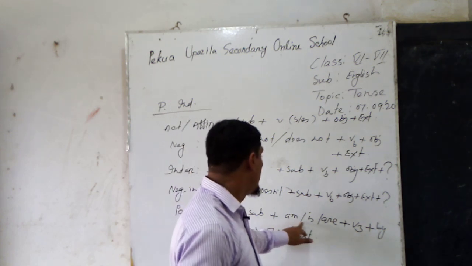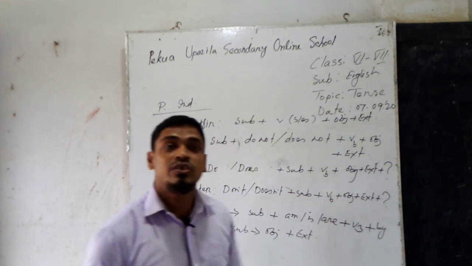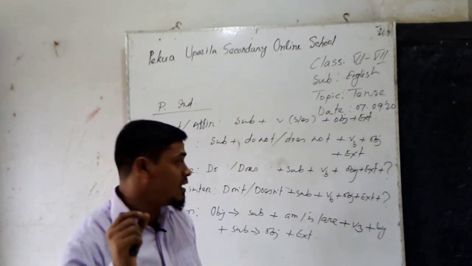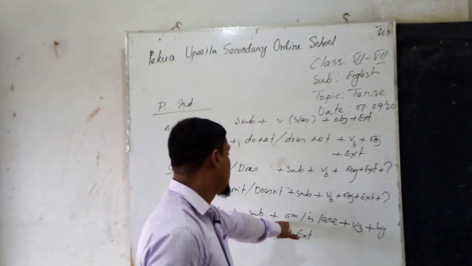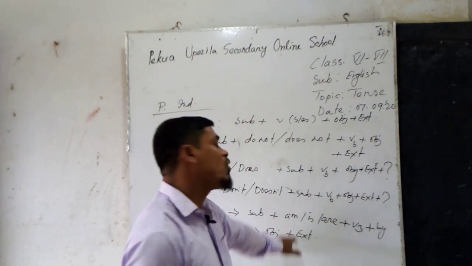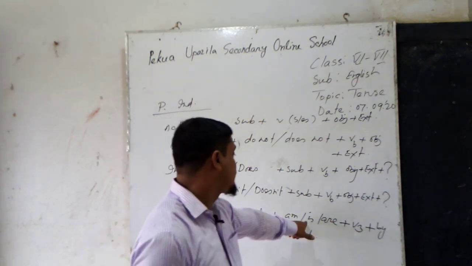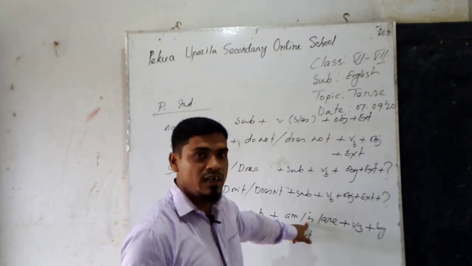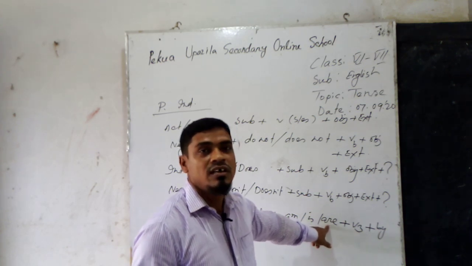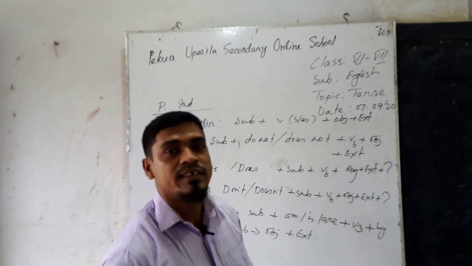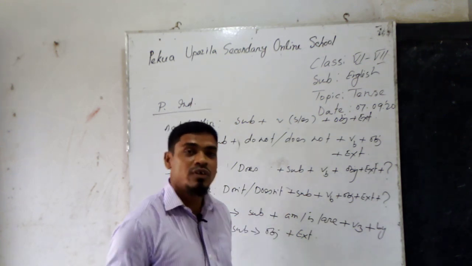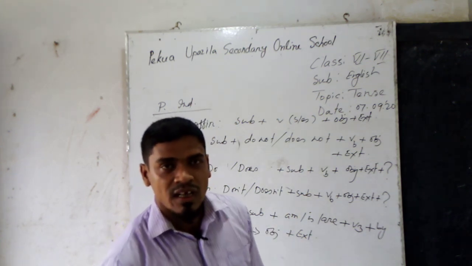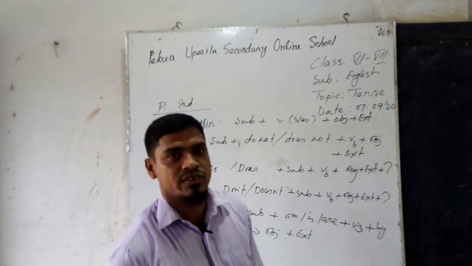When you use auxiliary verbs, is is used for third person singular number, and are for first person plural, second person, and third person plural. We have to know also what is third person, first person, second person.